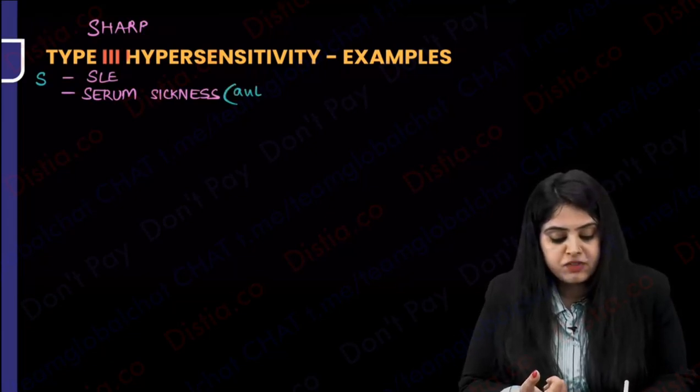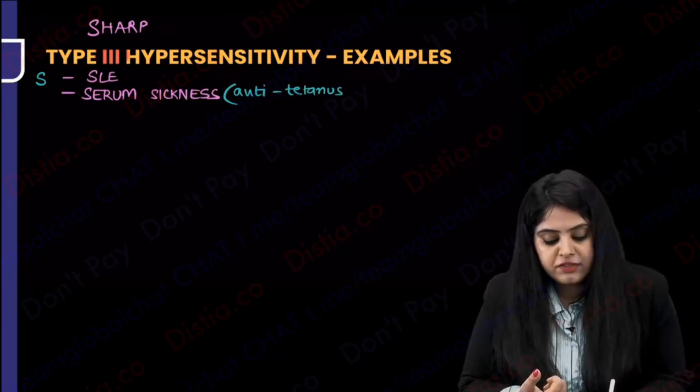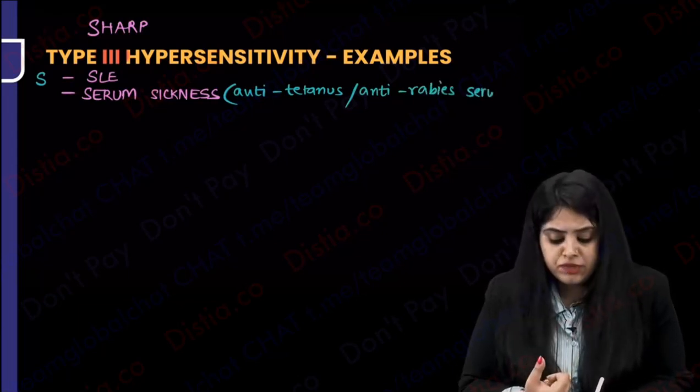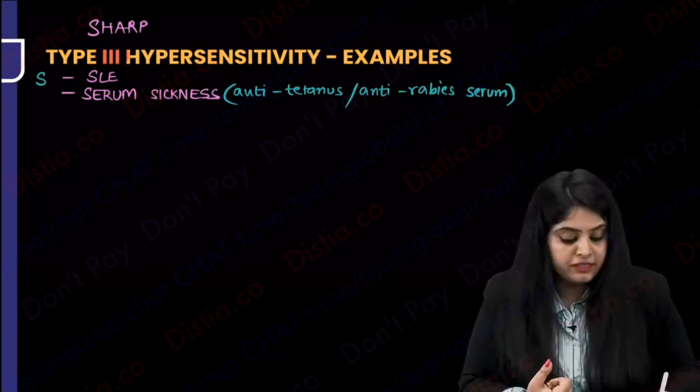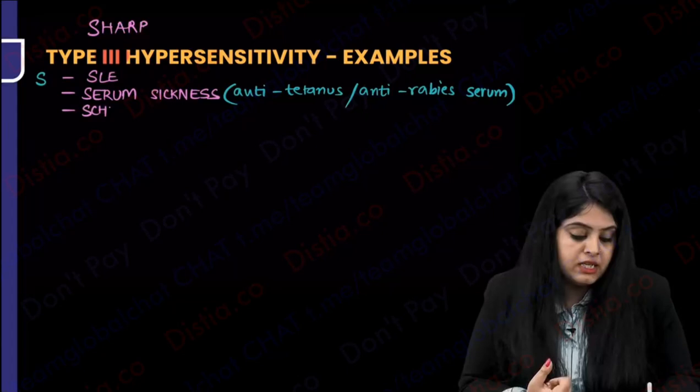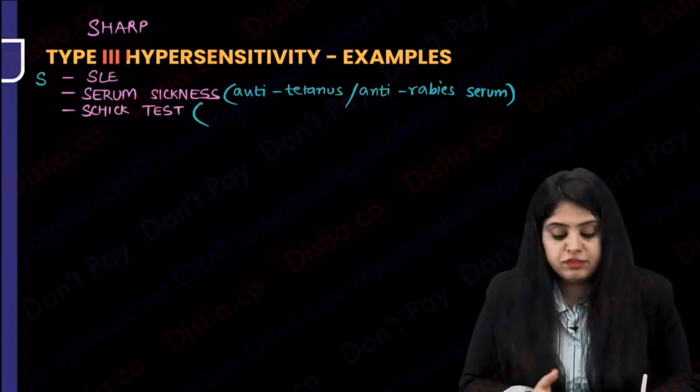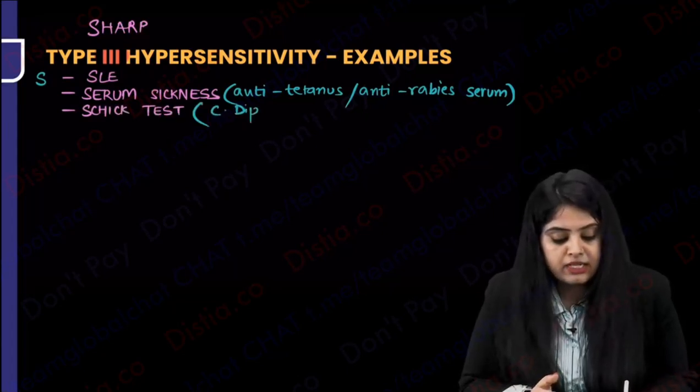Someone got excessive injections of anti-tetanus serum, or someone got excessive injection of anti-rabies serum. Basically something in too much quantity. Too much serum was injected. That will result in serum sickness. And the last S is going to be the Schick test. The Schick test is used for which bacteria? It is used for Corynebacterium diphtheriae.